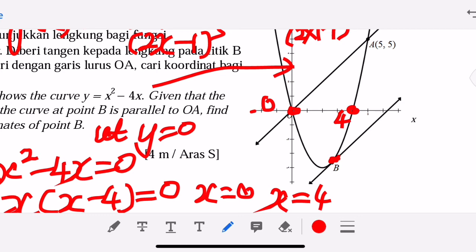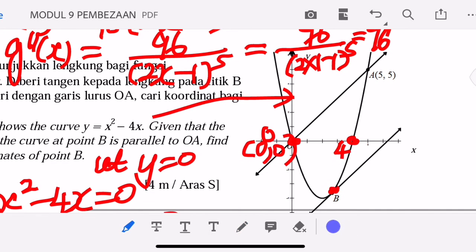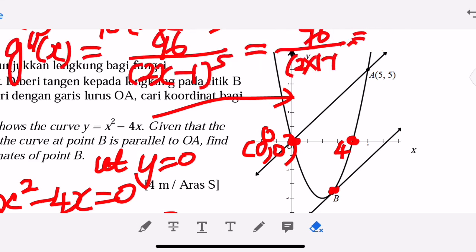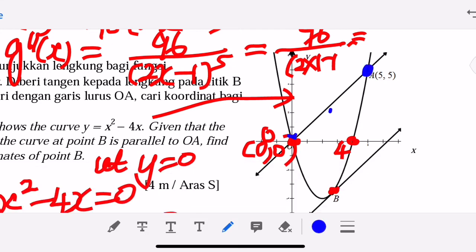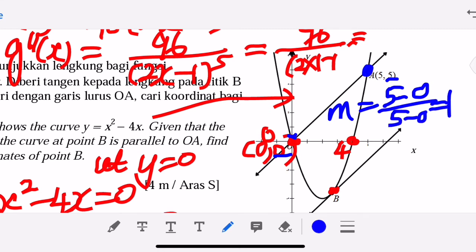Alright, so we can find the gradient for these 2 points, right? These 2 points. So let's find the gradient. M is 5 minus 0, okay, y2 minus y1 over x2 minus x1, which is 1. So they are parallel. So M is 1.